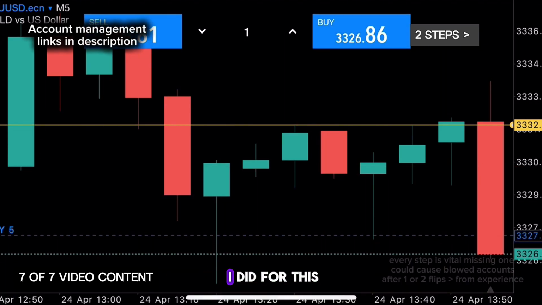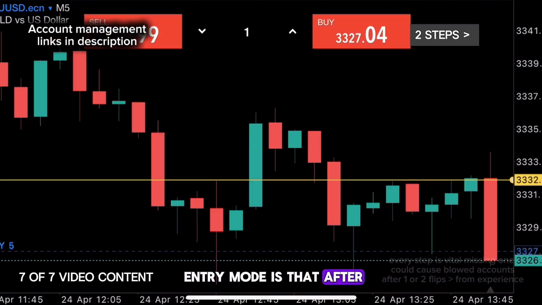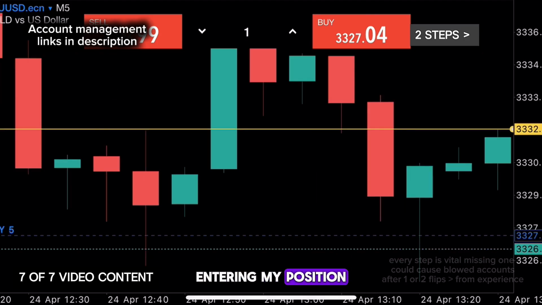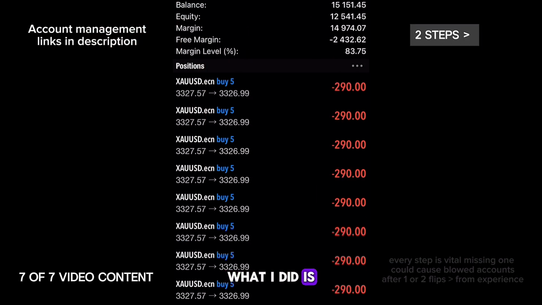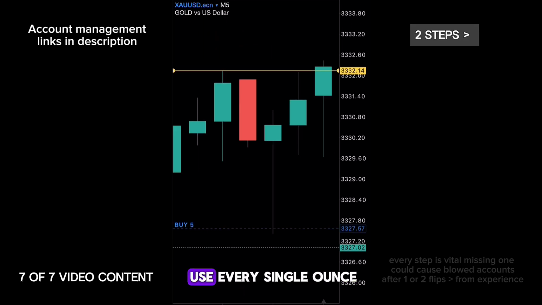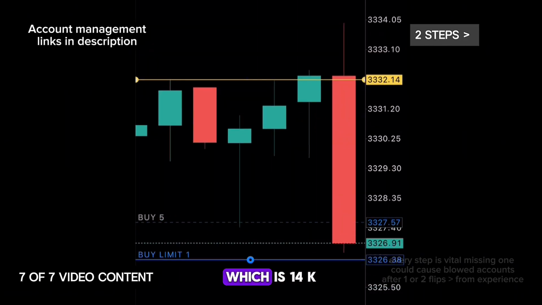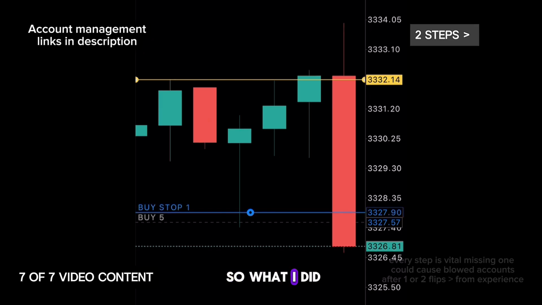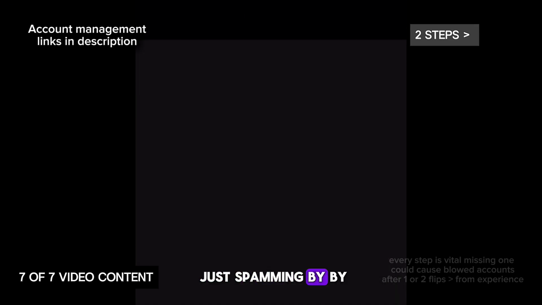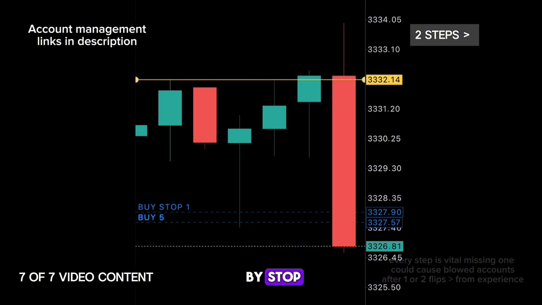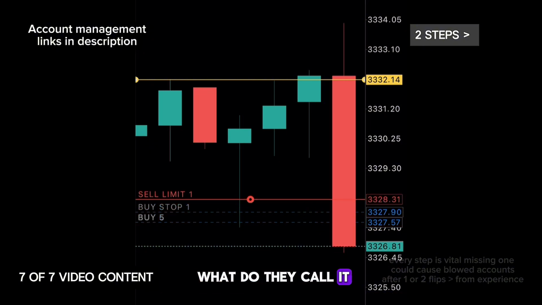And the first thing I did for this entry model is that after entering my position, I wanted to use every single ounce of this balance, which is 14k. So what I did is that I was just spamming buy stop. This thing, what do they call it?